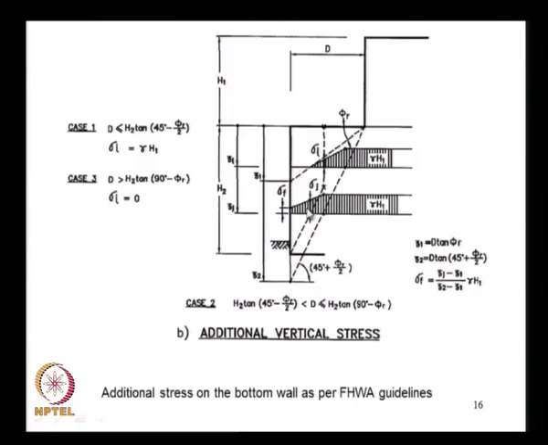And there are some guidelines on how to estimate the pressures that are transmitted to the bottom tiers from the soil in the upper tier. These are all equations that are given in different codes, and this is from Federal Highway Administration guidelines, and similar guidelines are also given in the NCMA. It is very easy to write an Excel program to calculate the additional pressure that we have from the upper tiers.